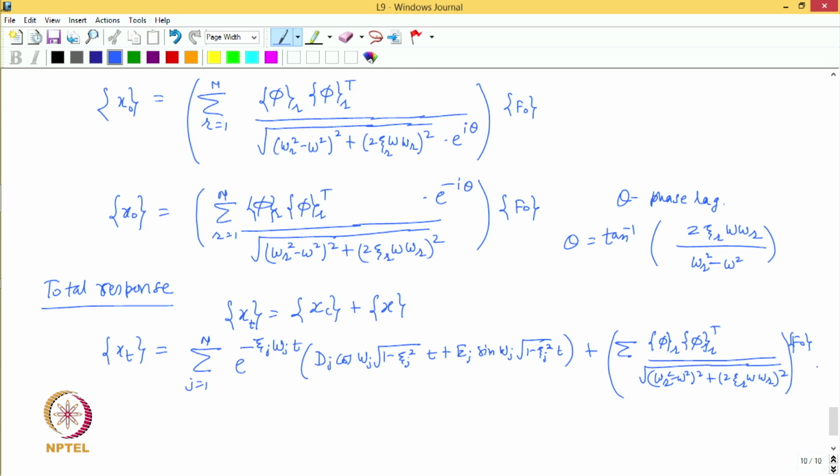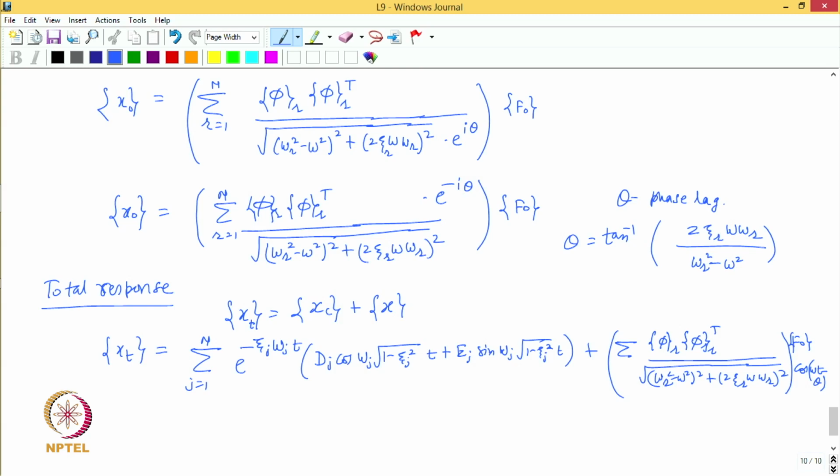So, e to the power i omega t into e to the power minus i theta will be e to the power i omega t minus theta, and the real part of that will be cos omega t minus theta. So, we have f naught and then cos omega t minus theta. So, that becomes the total response.